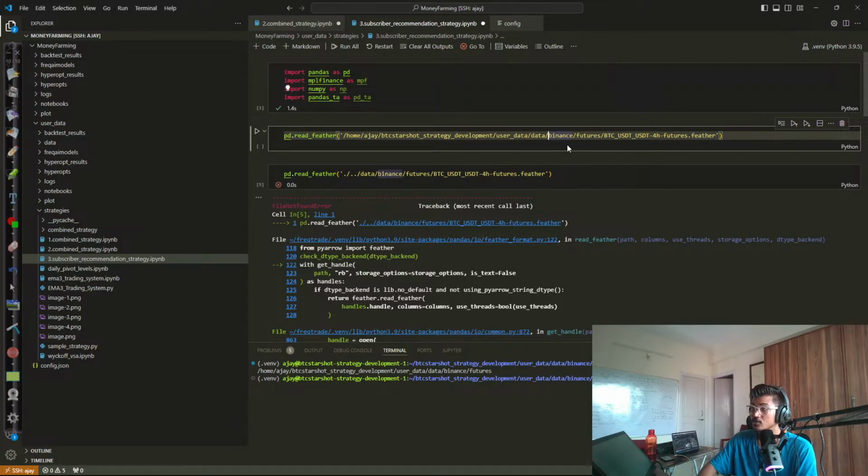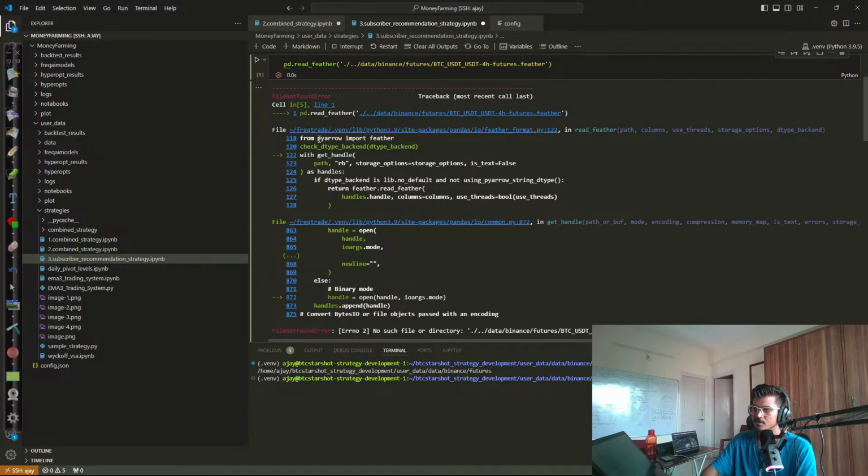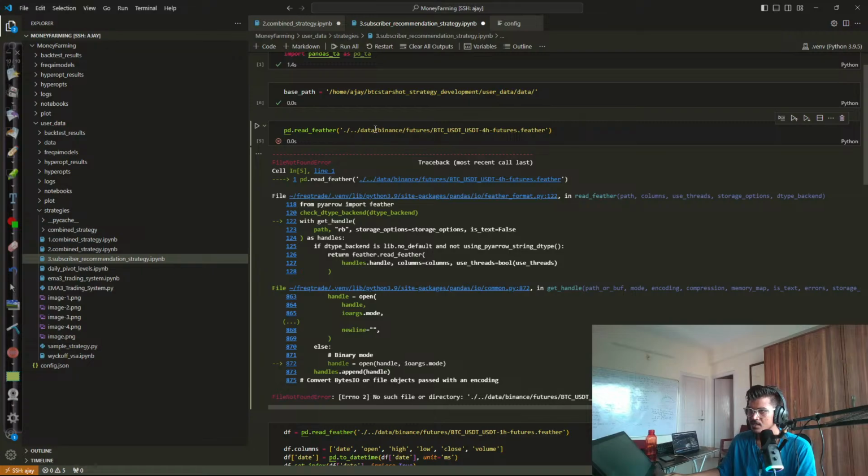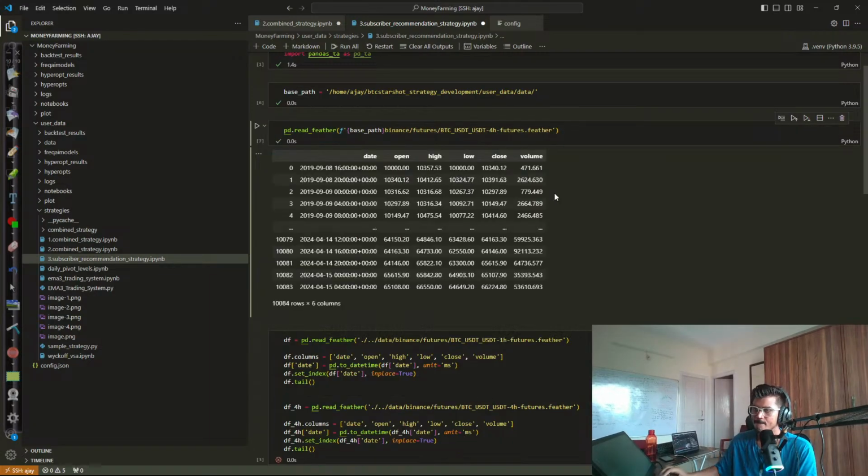This is the path, actually, base path. I should just write it base path, and as we get the data, just add the base path there. Okay, f base path, and then you have the data, right?